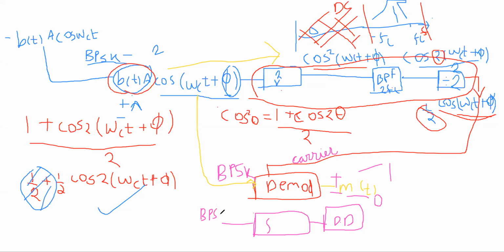So the input to the integrator is BPSK multiplied by carrier, and the integrator will operate for a bit interval, from 0 to T_b, and the output of the integrator will be either positive or negative. If the output of the integrator is positive, then the decision device will take the decision in favor of 1. If it is negative, then the decision device will take the decision in favor of 0.